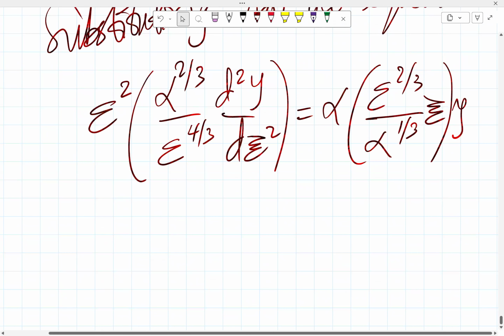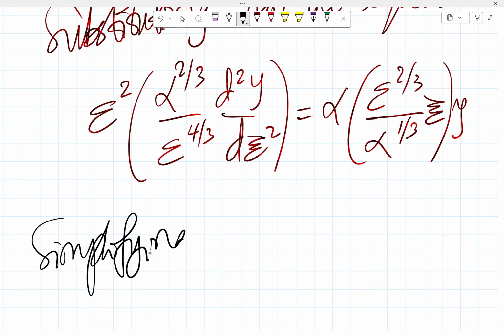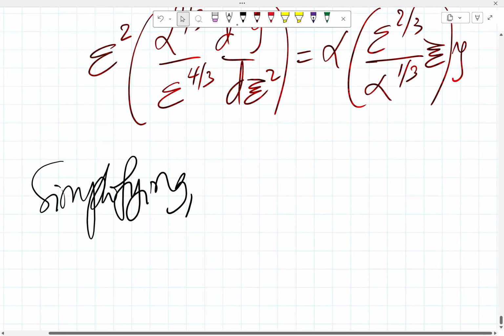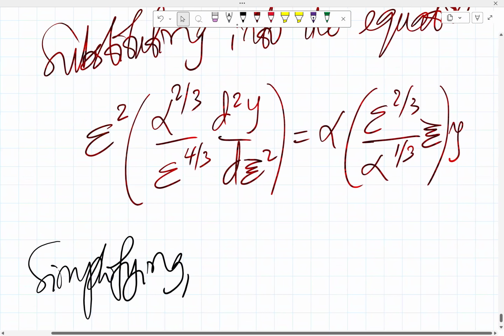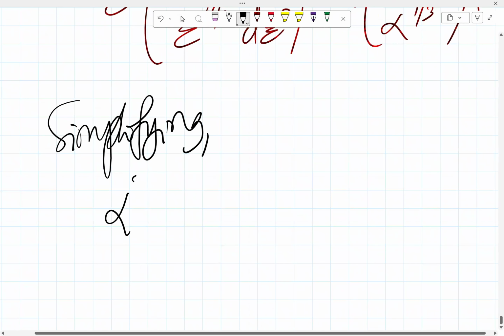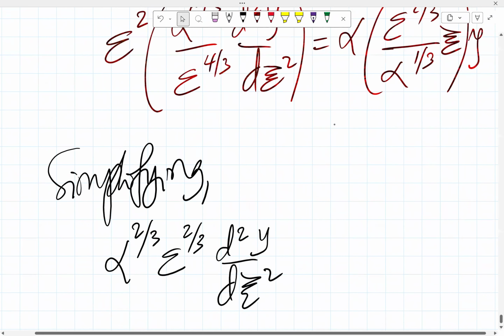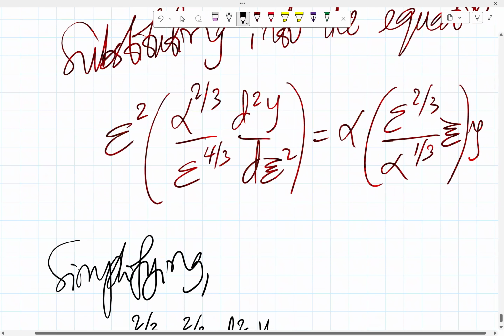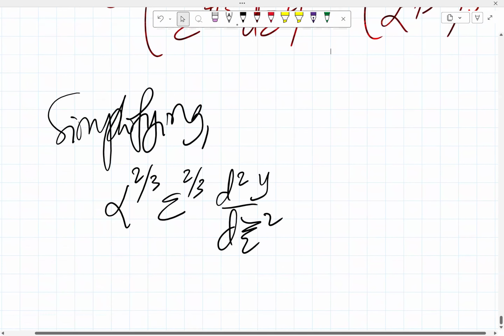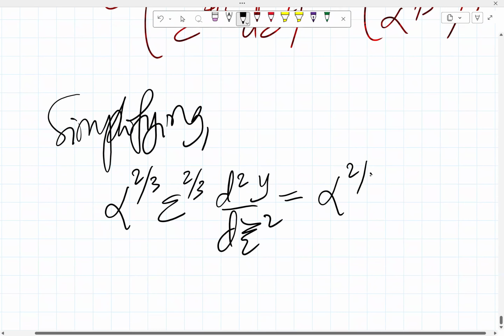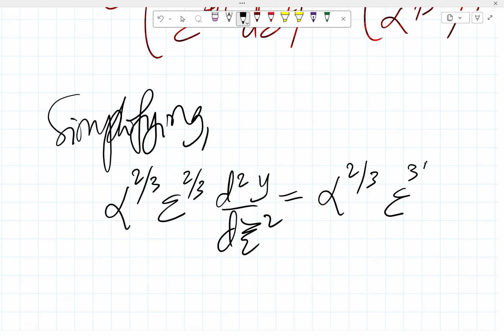So with that in place now, if we simplify both sides, we then have alpha raised by 2 over 3, epsilon raised by 2 over 3, d squared y, d psi squared, and that is equal to alpha raised by 2 over 3, epsilon raised by 3 over 2.